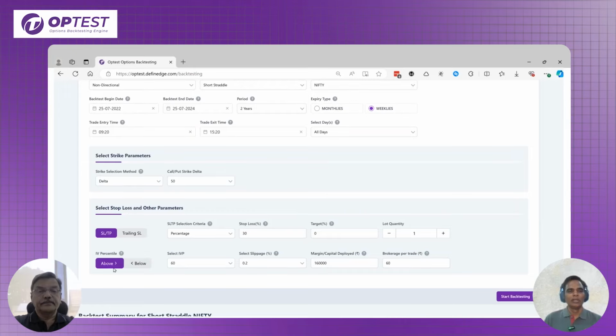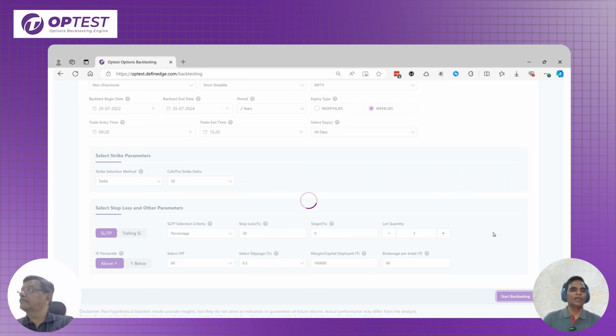So either it is stop loss, target price, or let's say IV, or it could be a trailing stop loss. So we are selecting IV percentile above 60. Okay, same parameters. So let's see if this improves the trades or not. In some cases it might, in some cases it may not. We never know.